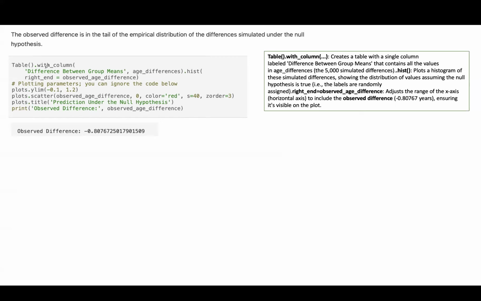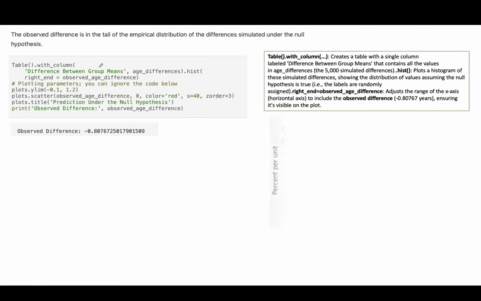Table open close parentheses dot with column basically creates a table with a single column labeled difference between group means that contains all the age differences that we simulated, 5,000 differences.